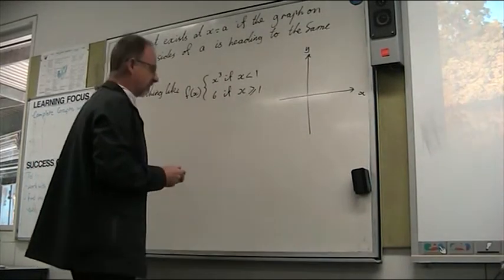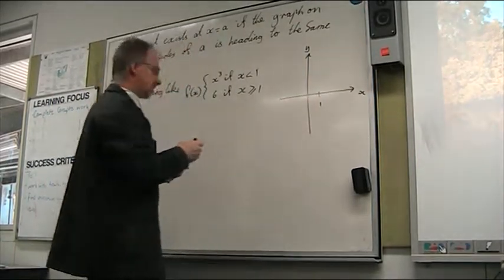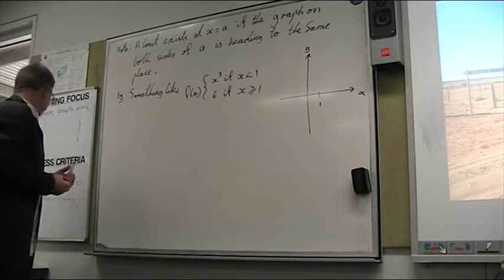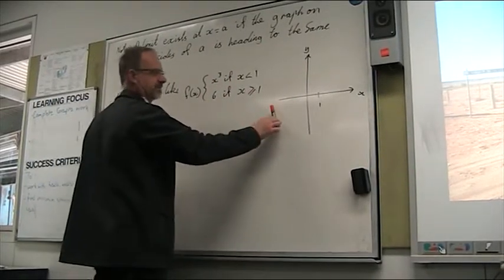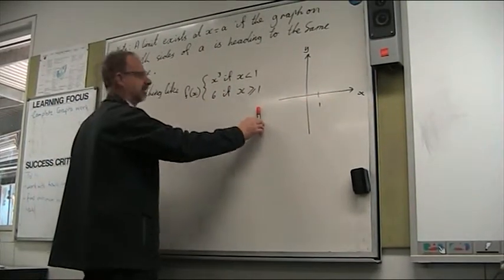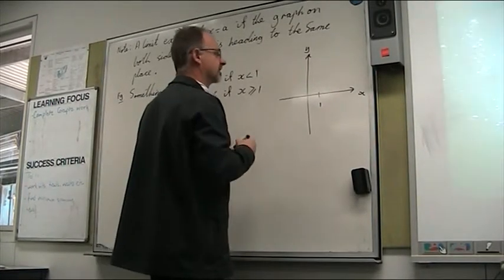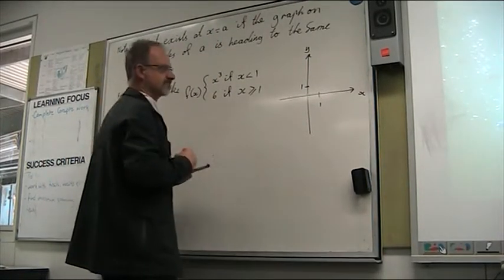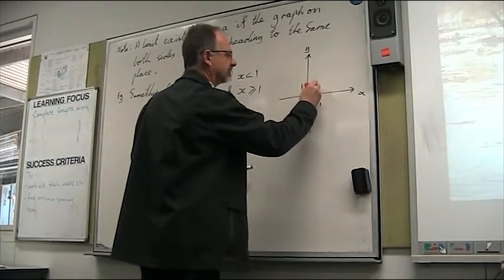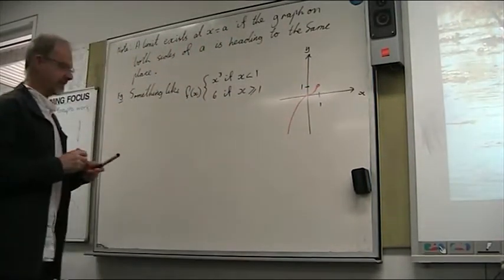So in this particular one, when x is less than 1, the function we've got is x cubed, so that's 1 cubed is 1. And the cubic graph looks like that.